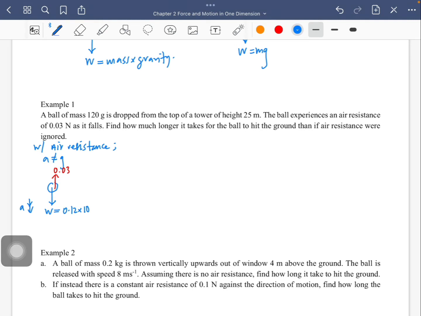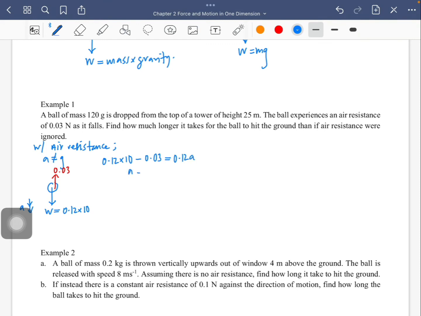We need to see what forces are involved: weight force and air resistance. Weight force is positive because it is the same direction as the motion, and resistance is negative because it is opposite to the direction of motion. So we write the equation as 0.12 multiplied by 10 minus the air resistance 0.03 equals the mass of the object, 0.12 in kilogram, multiplied by acceleration.